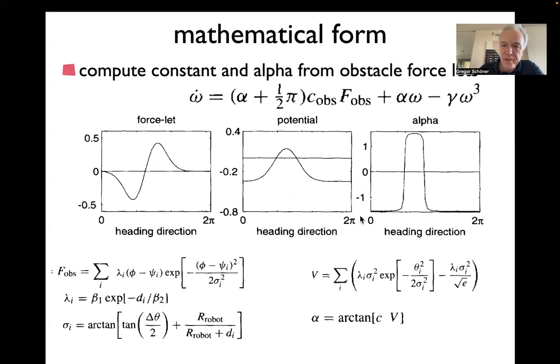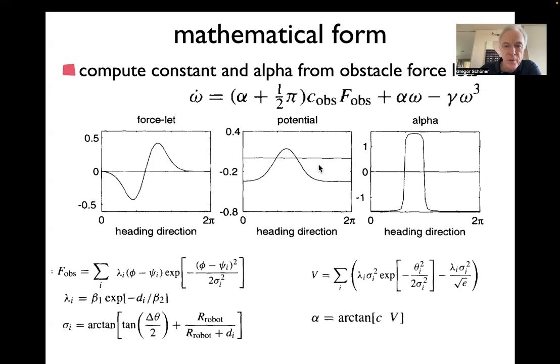And so we can use the same function, namely if I have a single contribution from an obstacle sensor, we can compute the alpha by essentially determining where this is non-zero. Concretely, we're integrating over this. This is here the integral of that.